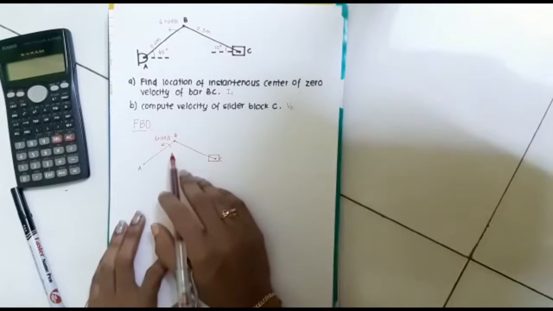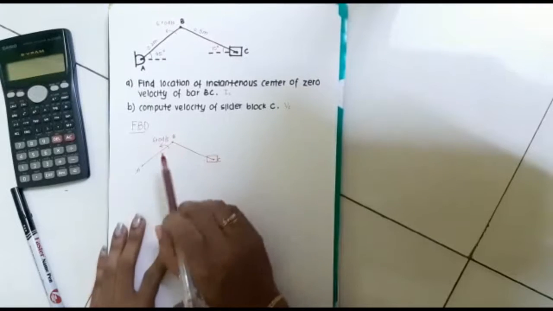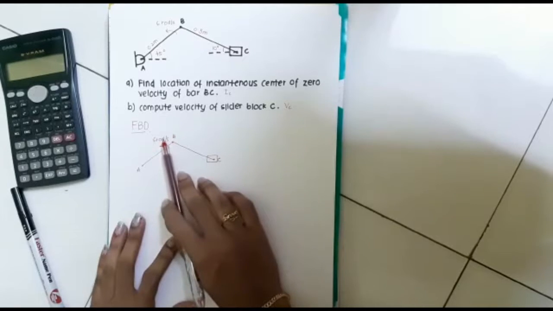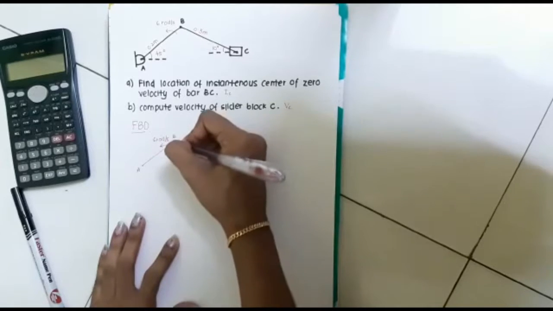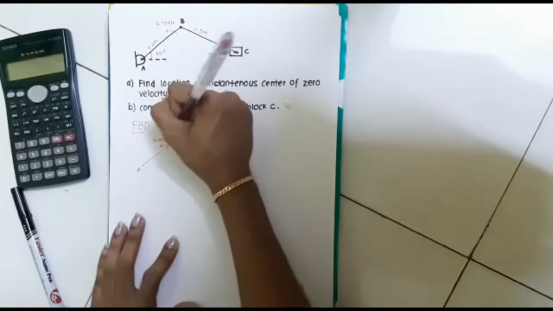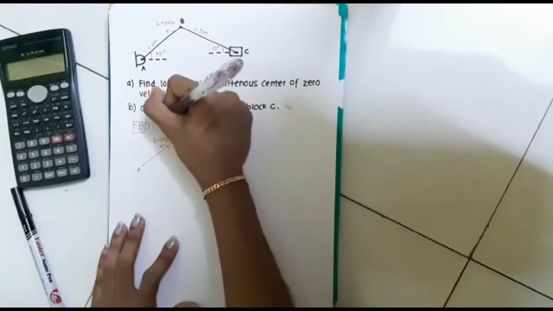So we know that velocity must be tangential to the angular velocity. So we can draw the VB as going upwards.